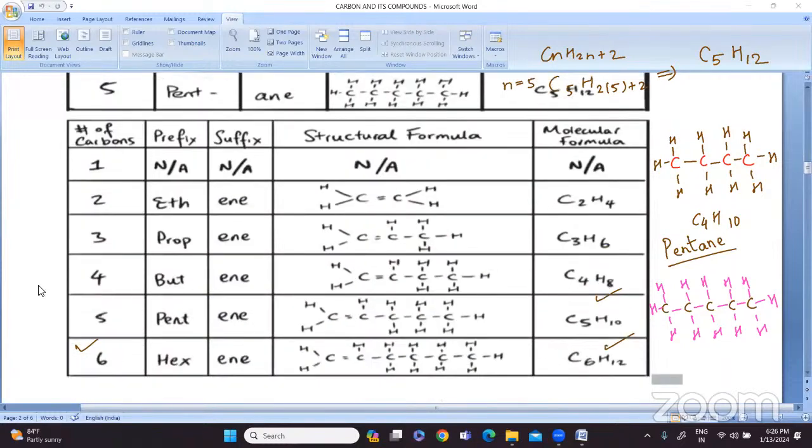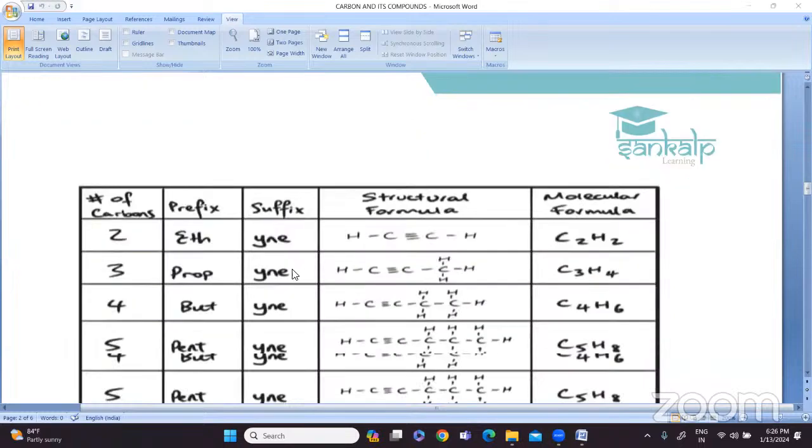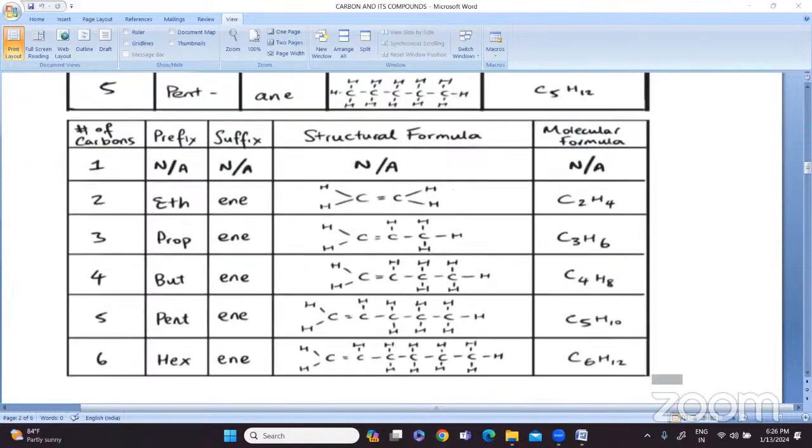So next, you can see this column. These are also a set of homologous series. But which family do these organic compounds belong to? Can anyone tell me? Yes, students. Can anyone tell me which particular group these organic compounds belong to?